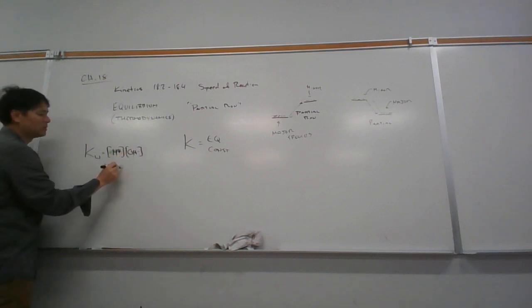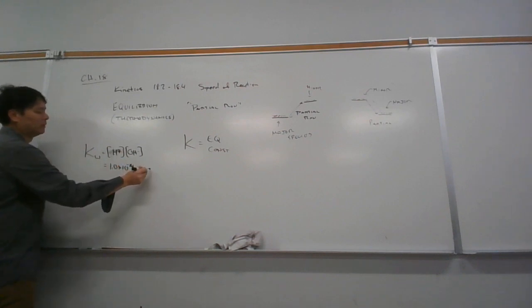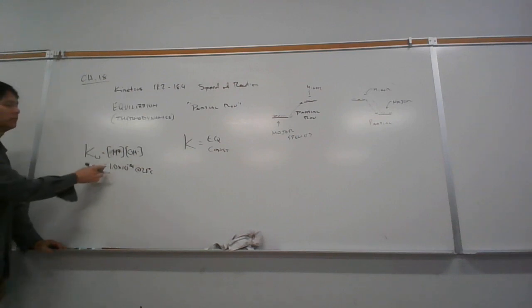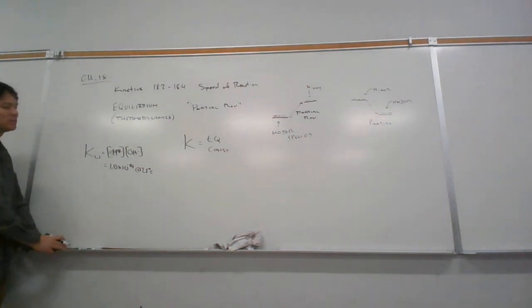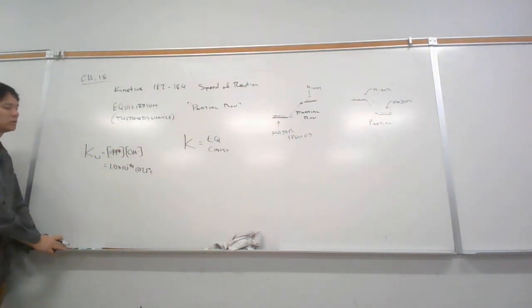This is 1.0 times 10 to the minus 14 at 25 degrees C. So no matter what I do to the concentrations, their product is always going to equal that. If the hydrogen ion concentration equals the hydroxide, then it's 10 to the minus 7, or pH 7. But if the hydrogen ion concentration goes up, the hydroxide ion concentration goes down. That's something called Le Chatelier's principle. We'll talk about that later.